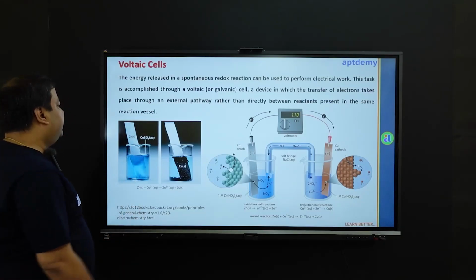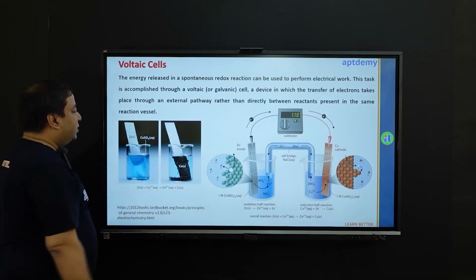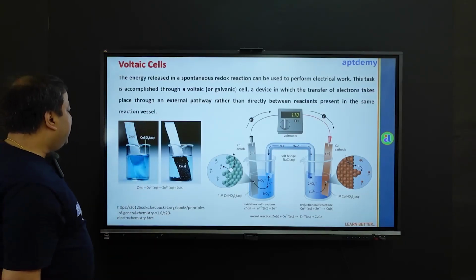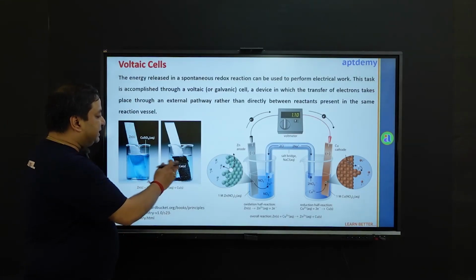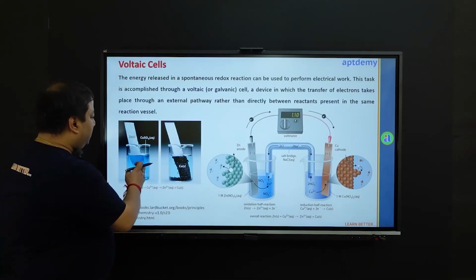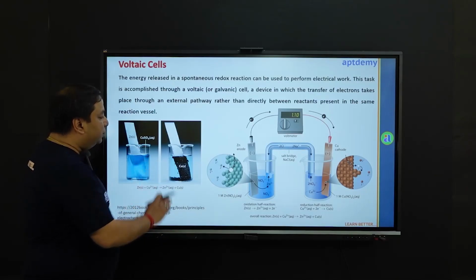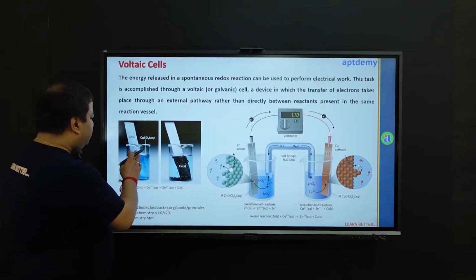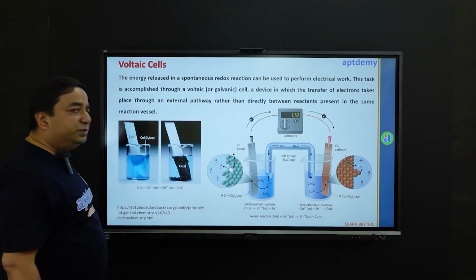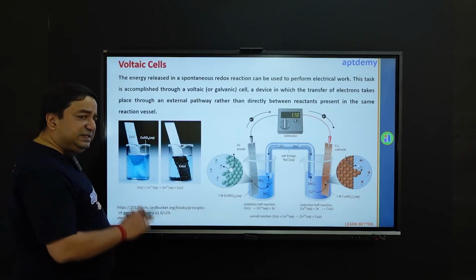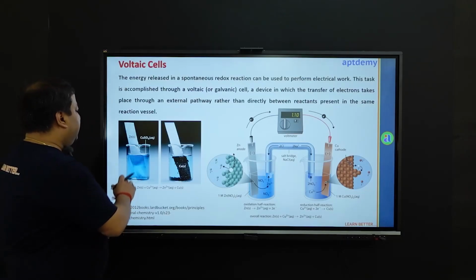is there, and we have put inside the copper sulfate solution a strip of zinc, and as we can see, with passage of time, the color of the copper sulfate solution fades out and becomes from deep blue to light blue. Now the color of the solution is due to the presence of Cu2 plus ions inside the solution. So what is happening with the passage of time?